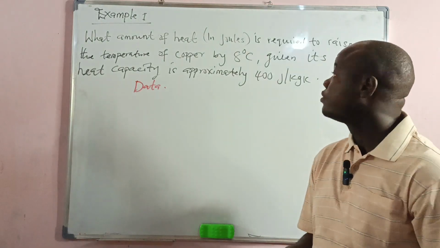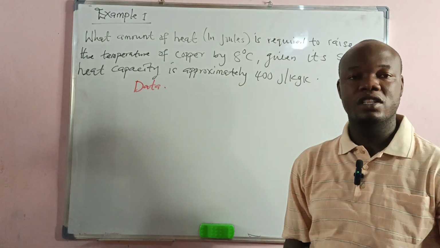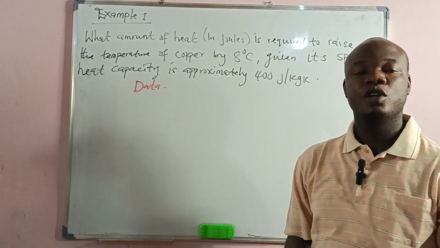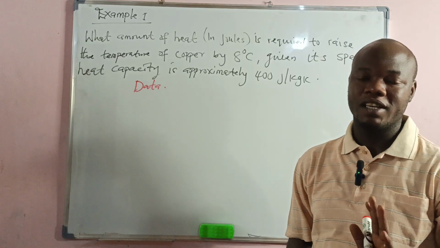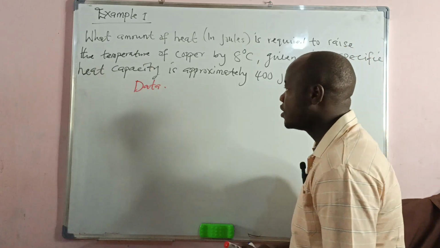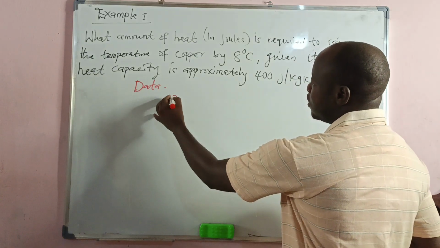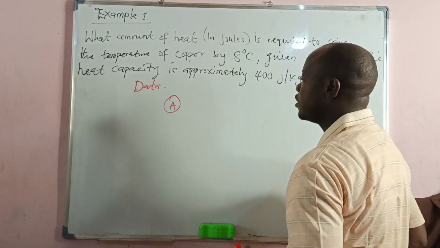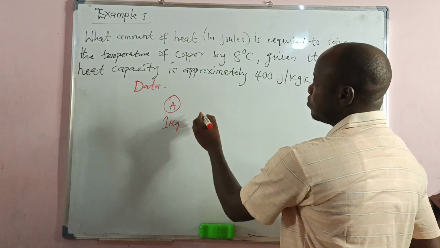And remember, when we say specific heat capacity, it means the amount of heat needed or required to raise the temperature of 1 kilogram of a substance by 1 degree centigrade. So let's say you have an object, and the mass of this object is 1 kilogram.